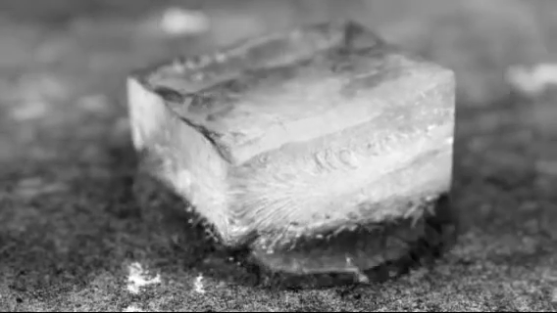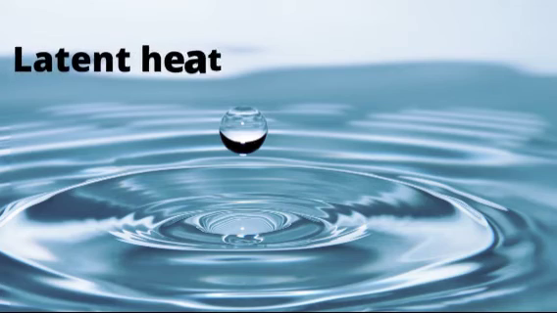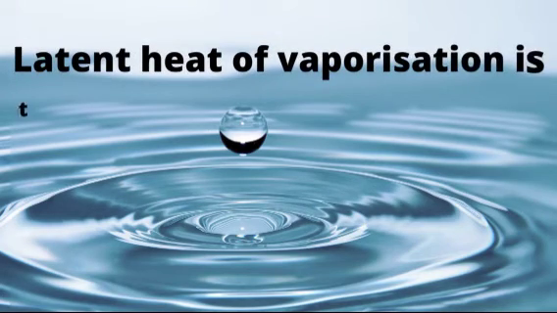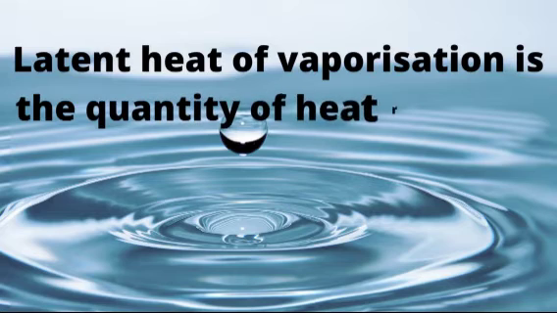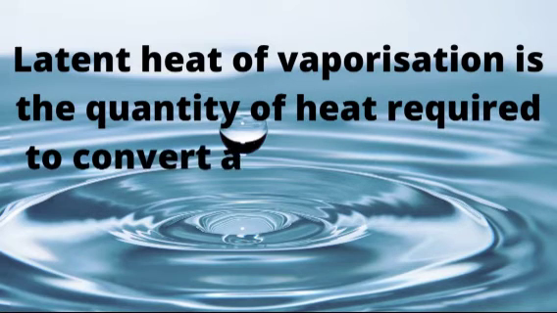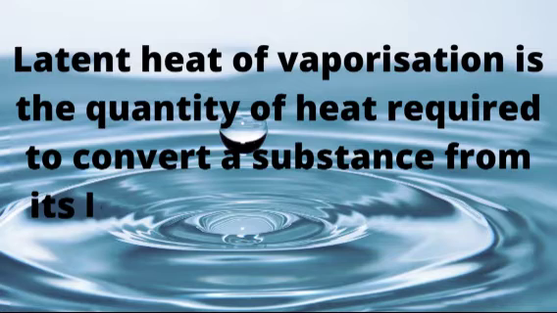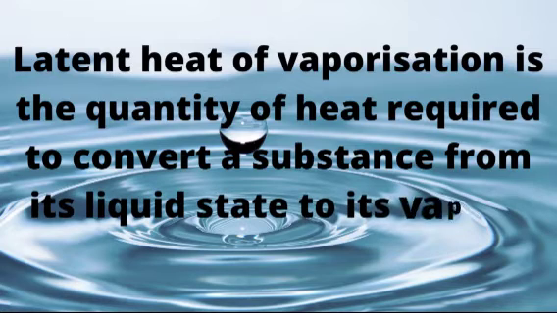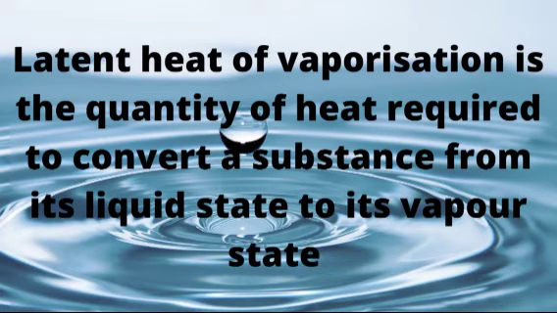And then we have the latent heat of vaporization. This is the quantity of heat required to convert a substance from its liquid state to its vapor state. In other words, while latent heat of fusion deals with solid to liquid, latent heat of vaporization deals with liquid to vapor.